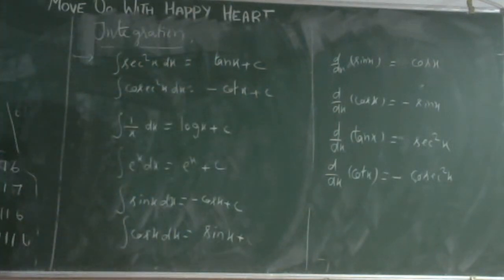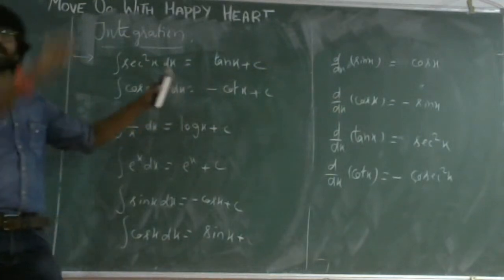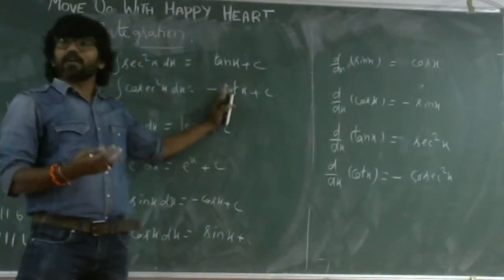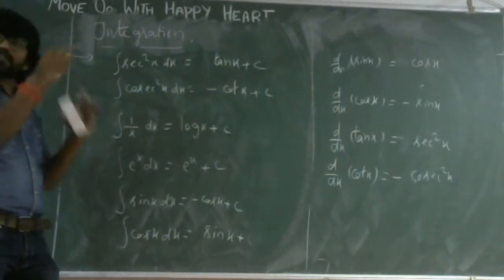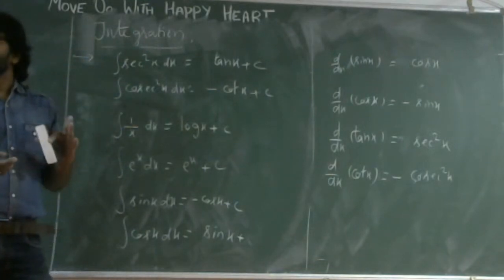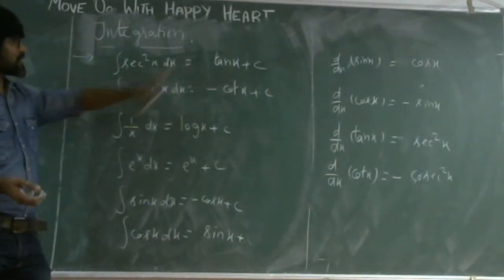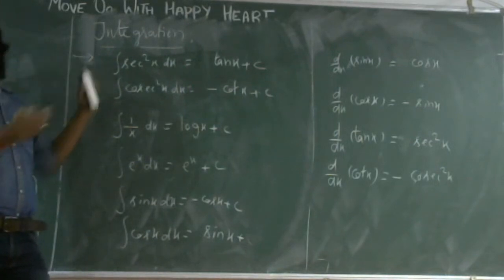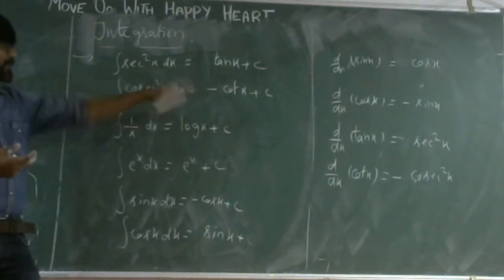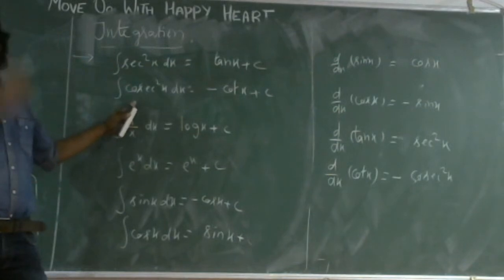Got it? And usually we will not come across the integral of tan or the integral of cot, so you have to change accordingly. If you come across this, you have to change into secant square form. If you come across this, you have to change into cosecant square form.